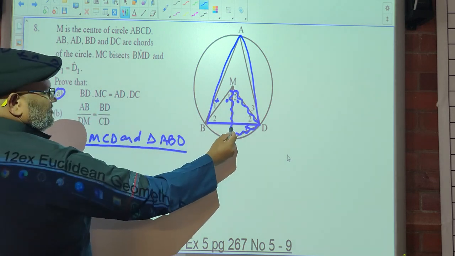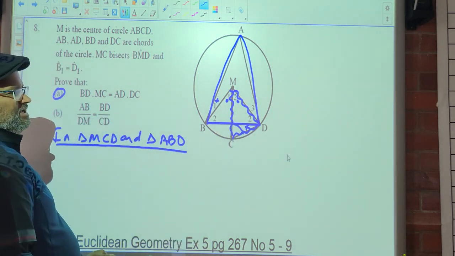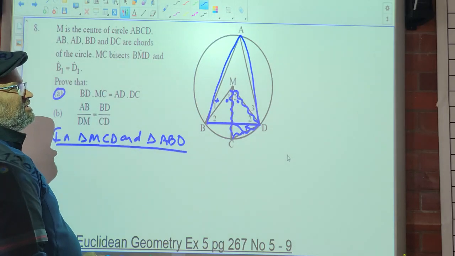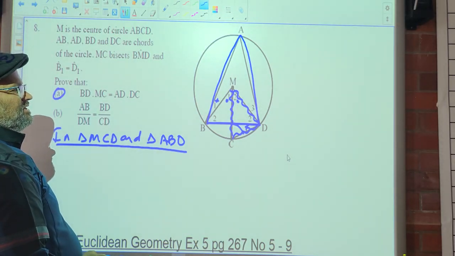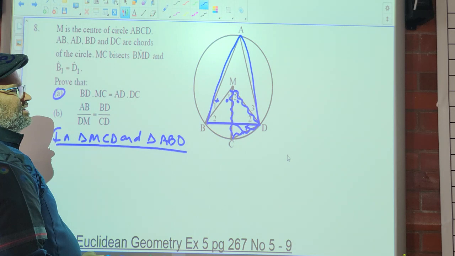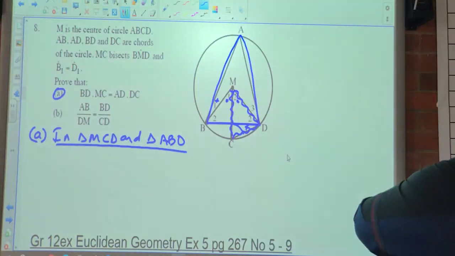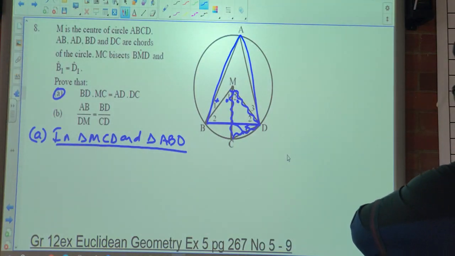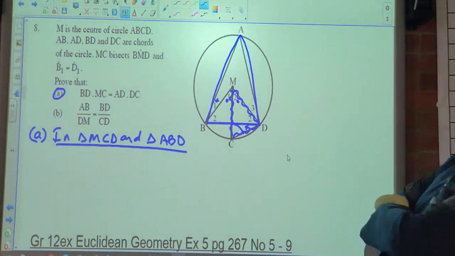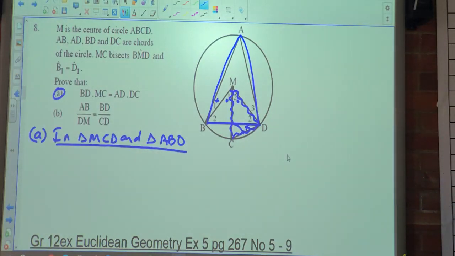Angle MCD is equal to? D2 is equal to B2, yes, why? Angles opposite equal sides, radii. Yes, and then?